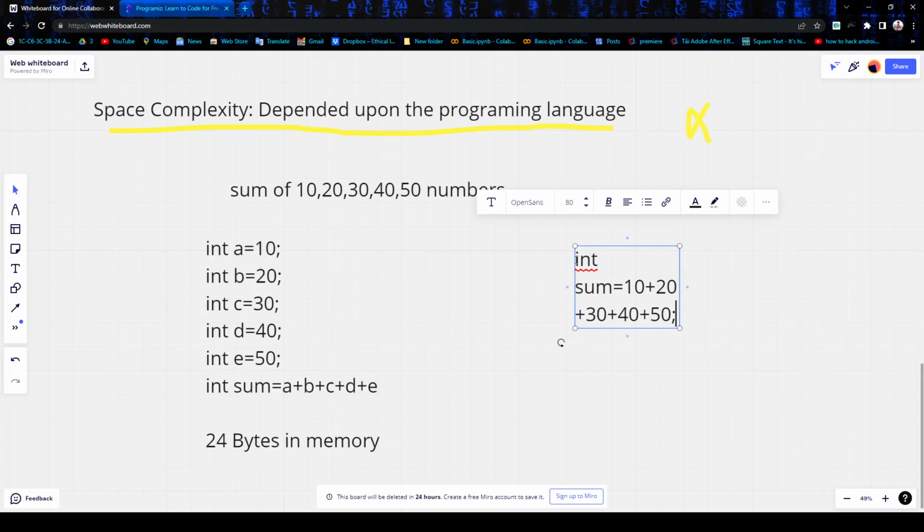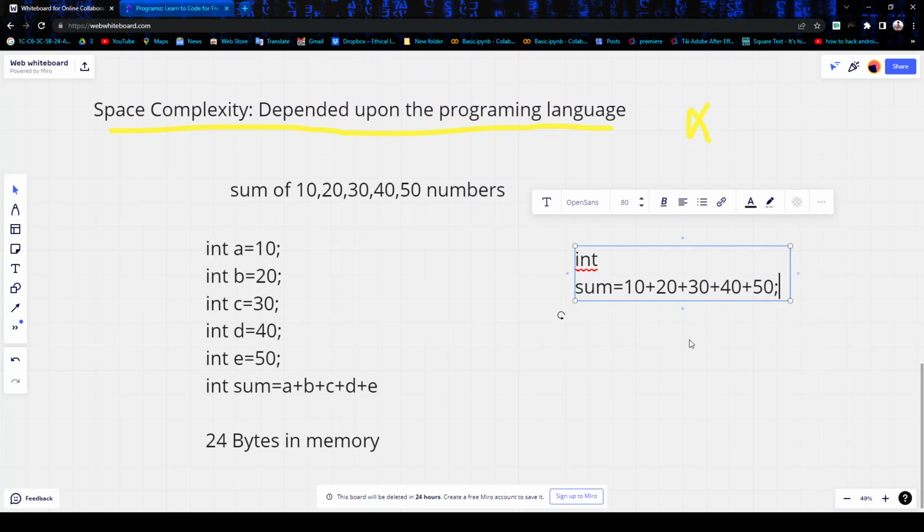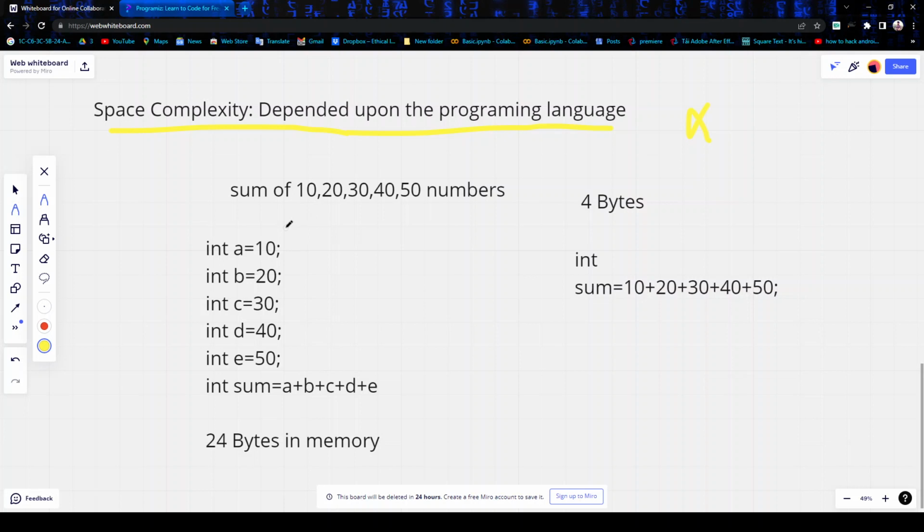Now what's happening in general is we are only taking 4 bytes of space. Why? Because these 10, 20, 30, 40, 50 are not being sent into the memory. They are just being calculated, and we are directly adding them up. Rather than creating five different memory pointers here, we are directly doing the sum of these values. So these are some approaches that you should follow.